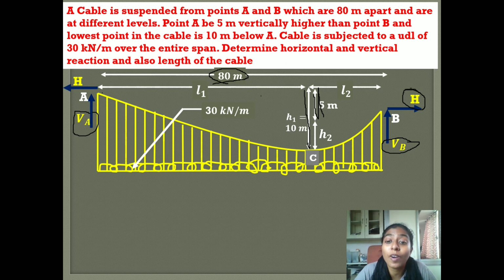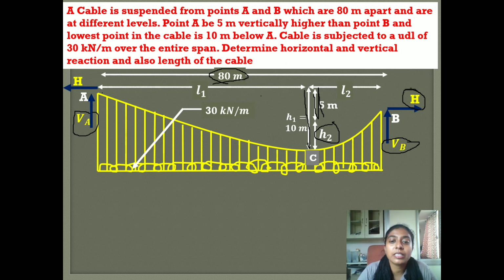Since H1 is 10 meter and from B, A is 5 meter, our H2 is equal to 5 meter. We get H2 equal to 5 meter, H1 equal to 10 meter, and the span length is 80 meter. So we know the span length is L1 plus L2.